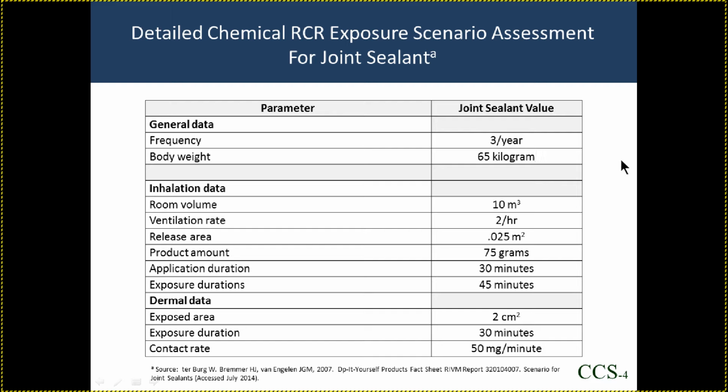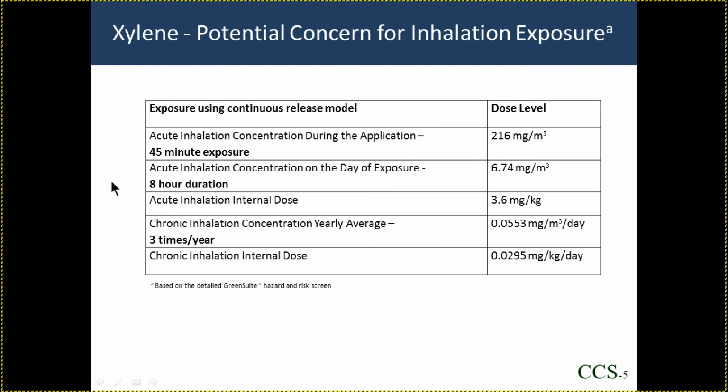And so when we go beyond that into the system for the actual analysis, this is the calculation. Now, in very small print down here at the bottom, the footnote says that we selected xylene because of the green suite analysis using the 44 endpoints. It was the chemical of greatest concern from an inhalation exposure in this particular sealant product.